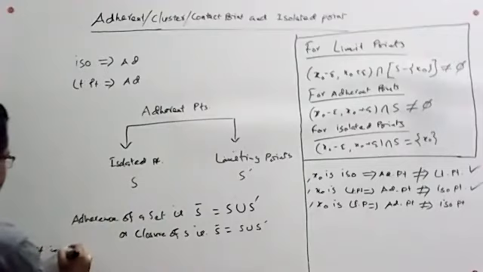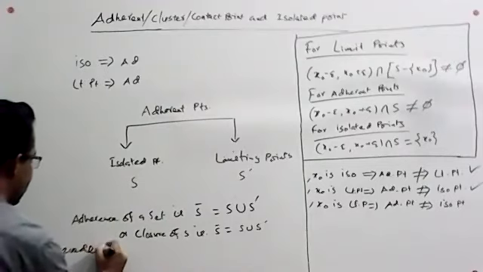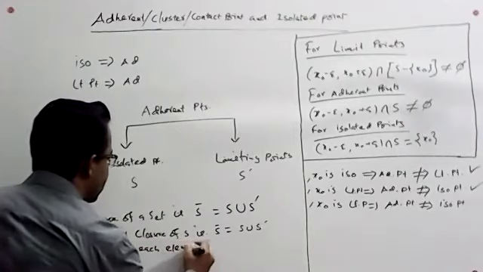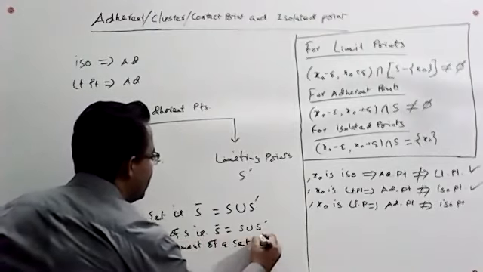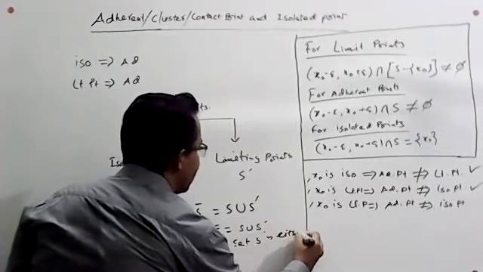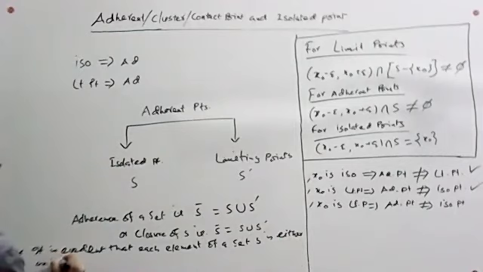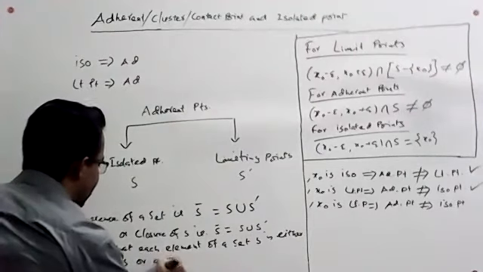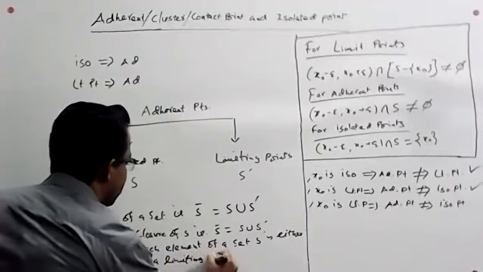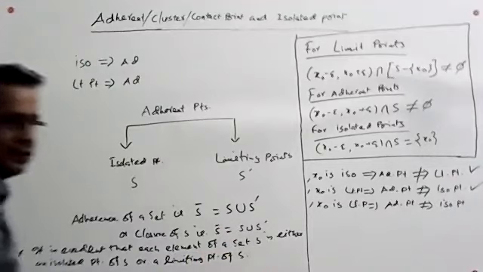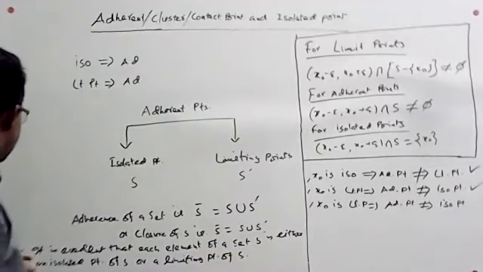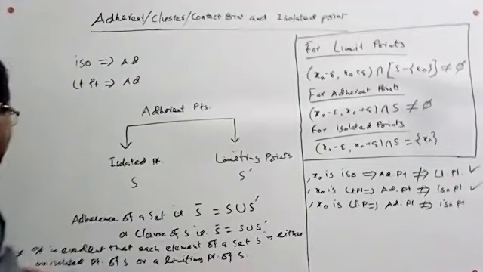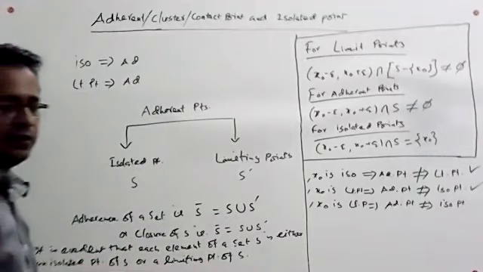It is evident that each element of a set S is either an isolated point of S or a limiting point of set S. I again declare this: each element of a set S is either an isolated point of S or a limiting point of S.